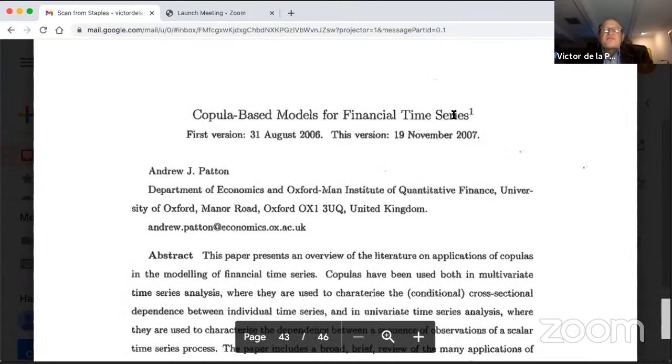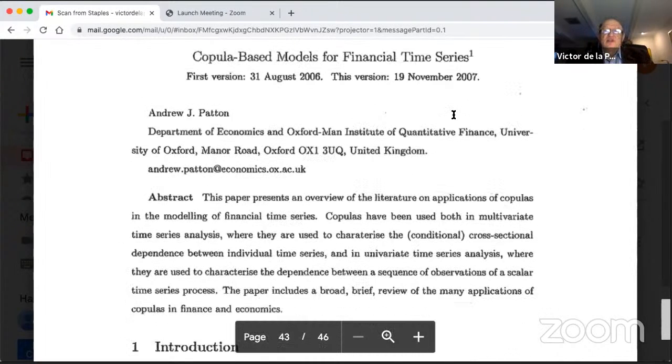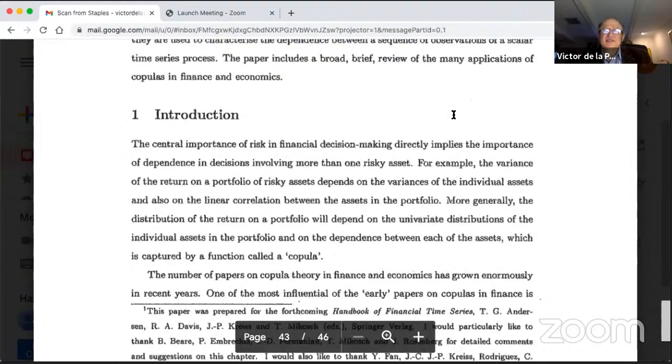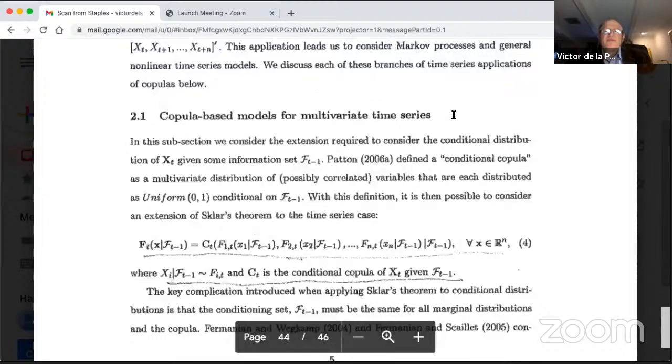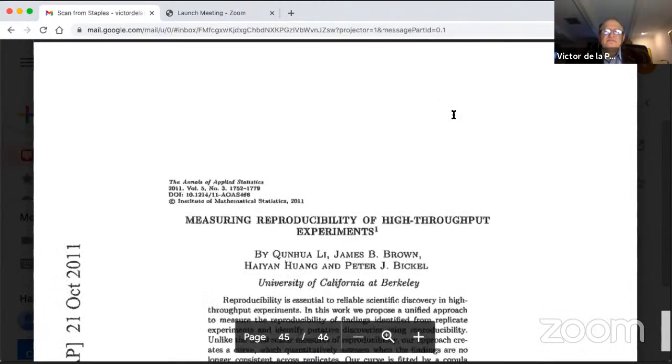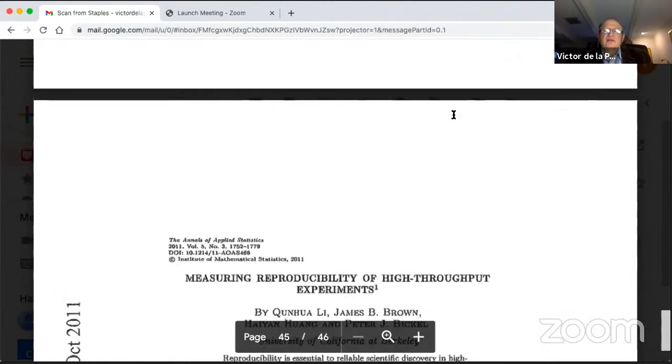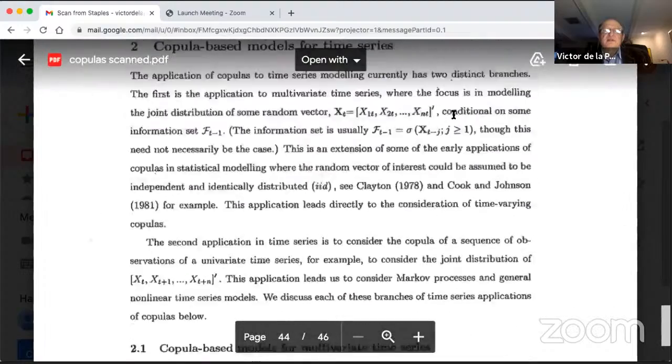So a time series approach using copulas has been developed. This is interesting to compare to other approaches of dependence.